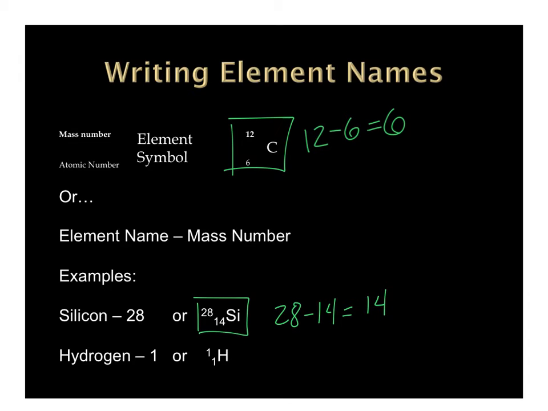For hydrogen 1, we have only 1 proton available there. There's also a hydrogen 2, and if we wrote out hydrogen 2, we could see that we would have 2 over 1 H, or we would have 1 neutron here.